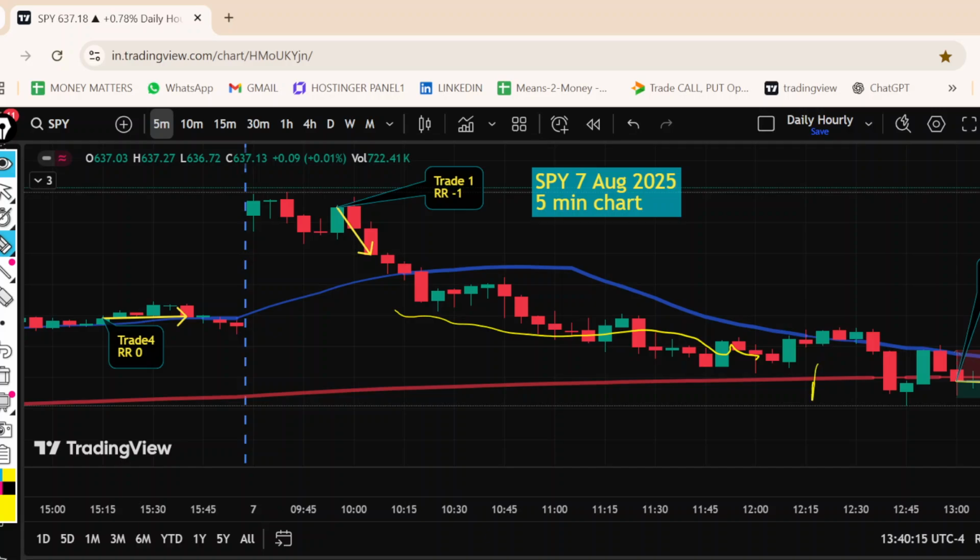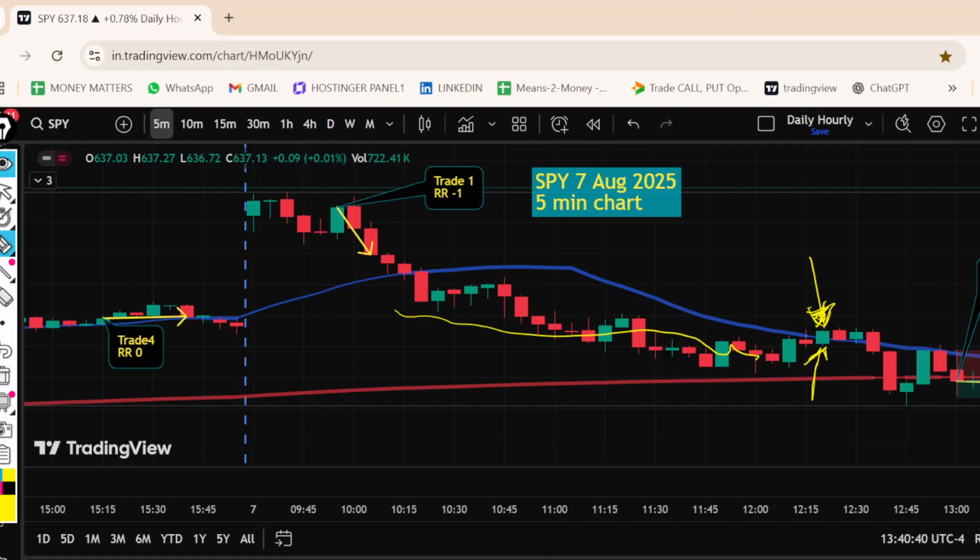This candle is trying to come out of the no trade zone, but it is not a very big candle, it is a very small candle. Since we already lost one trade on the call side, the bullish side, we have to be very conservative while taking a second trade in the same direction.